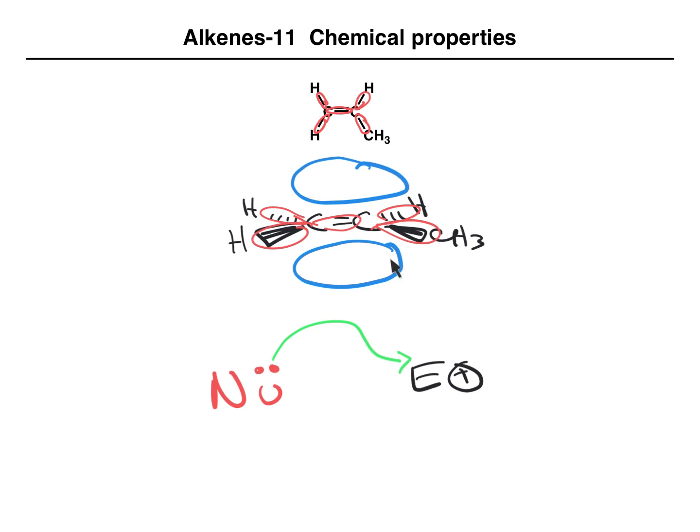With a pi bond, because we have this exposed electron density, these electrons also are able to be donated to an electrophile. So we will be looking at examples of alkene reactions where the alkene donates electrons to an electrophile, so it's kind of acting like a nucleophile.